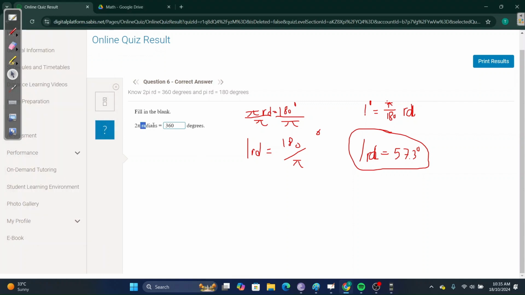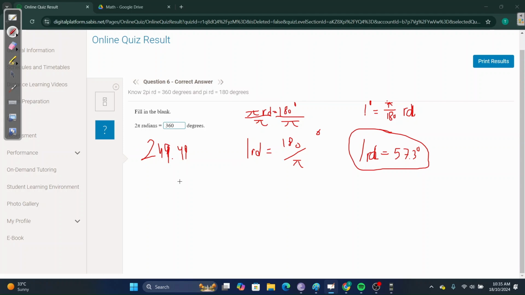So I would always recommend using this one, except when, for example, your degree value was like 249.49. This is when I would recommend using the fraction for the conversion, because that will generate a more precise result.